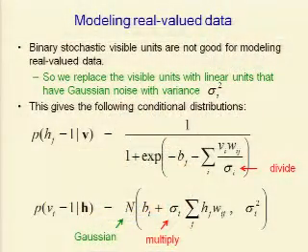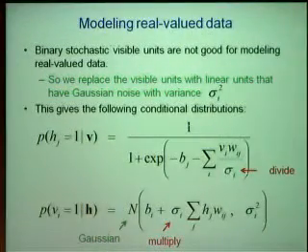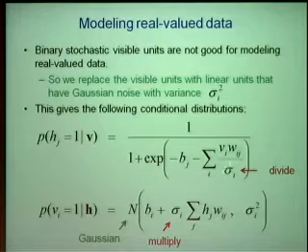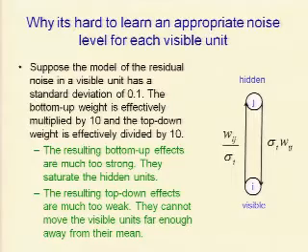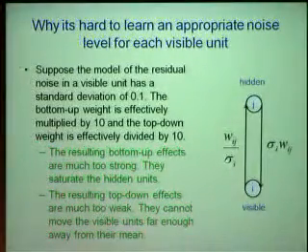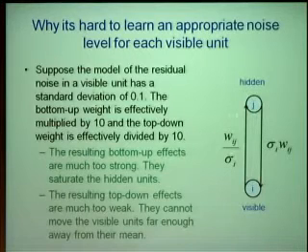Remember when we got the two conditional distributions? We're dividing by the standard deviation of the residual noise here, and we're multiplying by it there. So the bottom-up effects, you divide by it, and the top-down effects here, you multiply by it. So if you draw a picture of what's happening, the effect of changing this standard deviation is that if you make it small, it effectively makes the bottom-up weight very big, and it effectively makes the top-down weight very small.